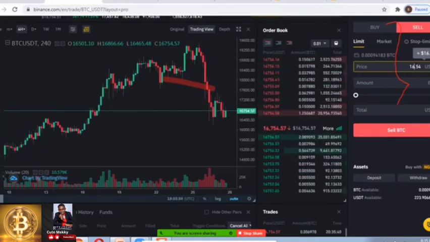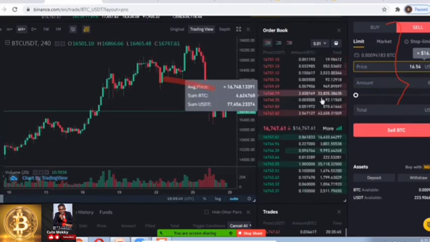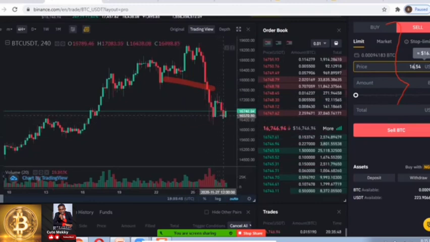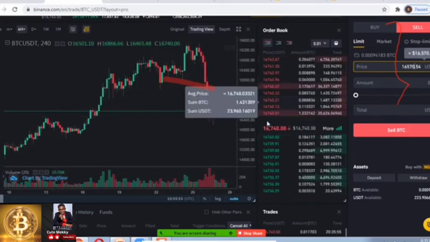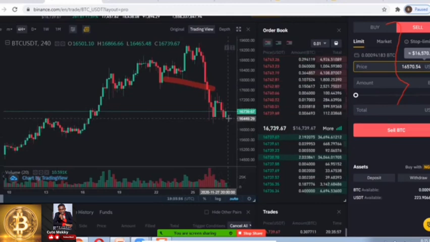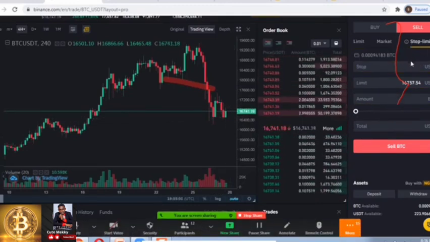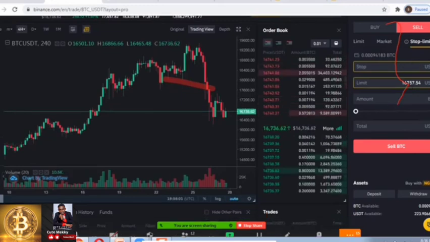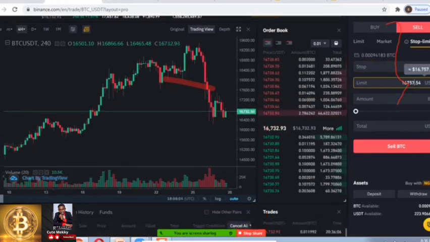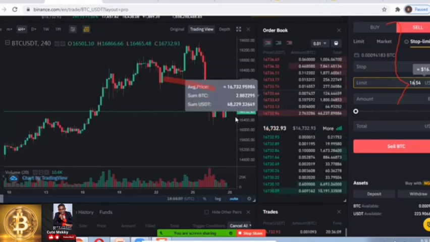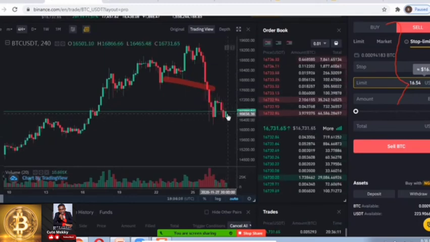So if it gets to that point, although I'm not in profit yet, it automatically sells. I want to sell at this point, 16,570. Sorry, guys, this is stop limit. So my limit should be, let's say, 16,638. I just want to be practical here, that's why I'm using time to do this.